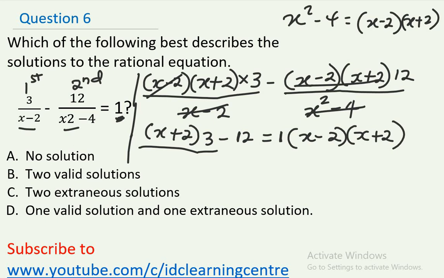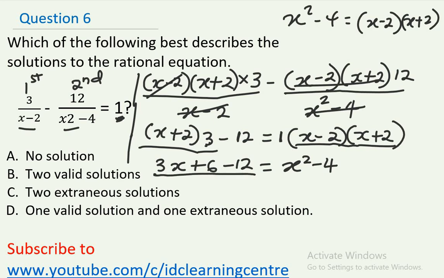So we are going to break the bracket: 3 times x, 3x, plus 3 times 2, 6, minus 12 equal to, bring this together again. This is the same thing as saying x squared minus 4. So collect like terms, or better still, bring everything to the right hand side and equate to 0.